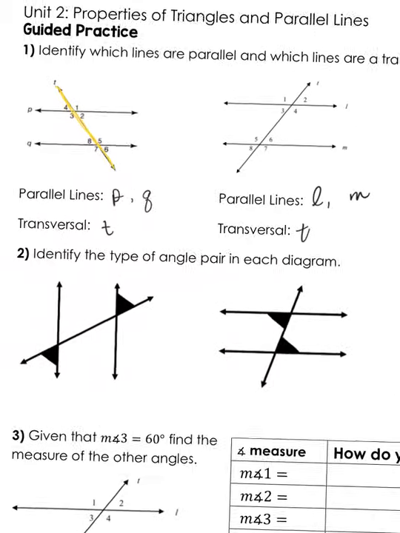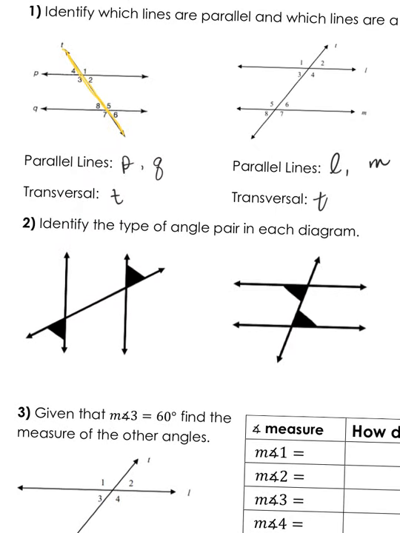Okay, for number 2. Identify the type of angle pair in each diagram. When you're trying to identify angle pairs, I would recommend that the first thing you do is highlight your transversal and then ask yourself if those angles are on the same side or are they on opposite sides.